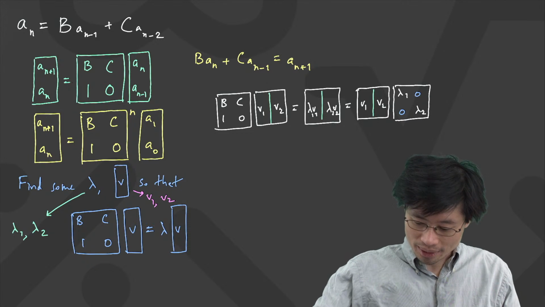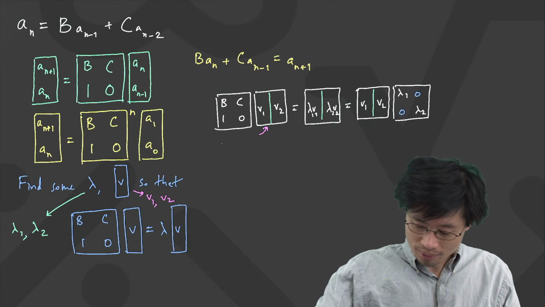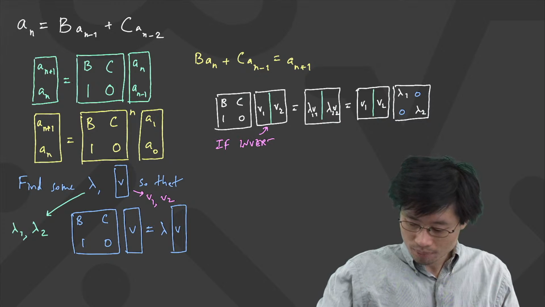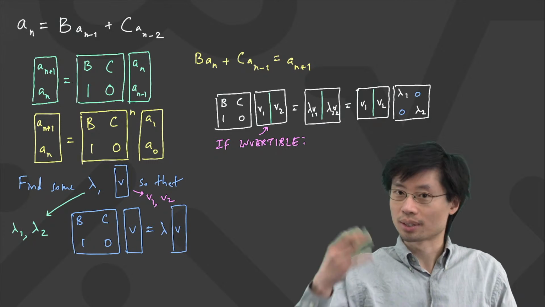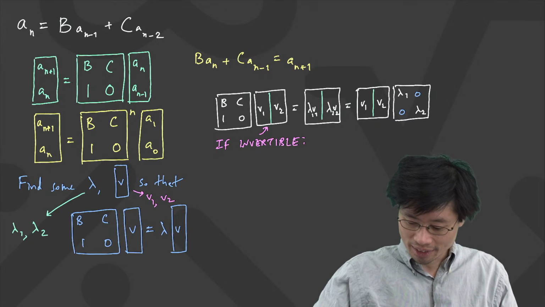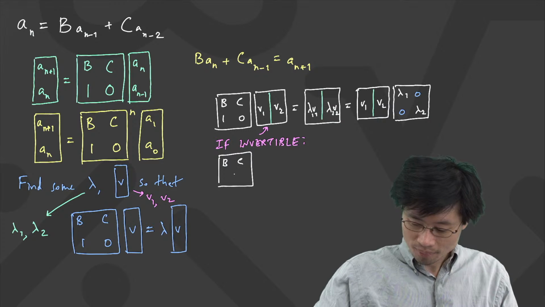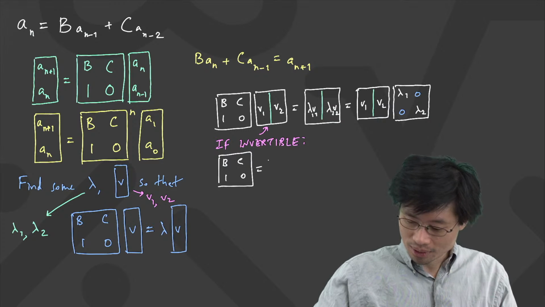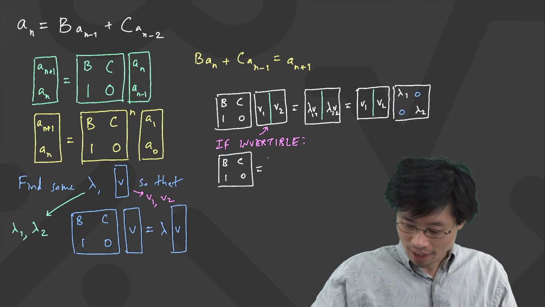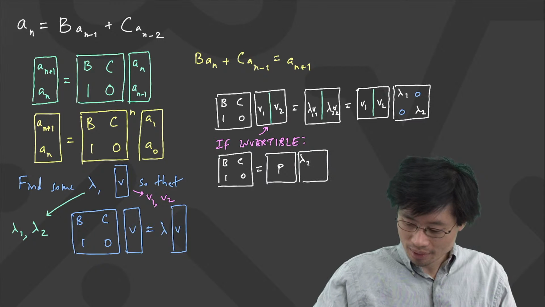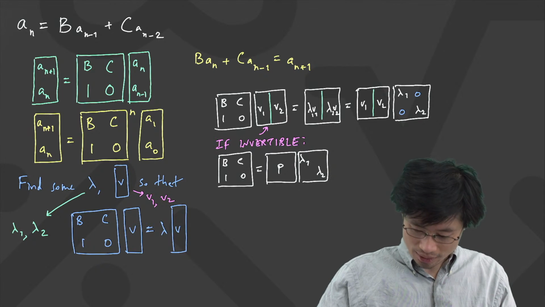So the next thing was important. If invertible, then you were able to just multiply both sides by the inverse of that, and you finally found out this nice form, BC10 is equal to, multiply that thing on the right, and we end up getting this V matrix, which we called P. We have this lambda matrix, lambda 1, lambda 2, and 0 and 0.